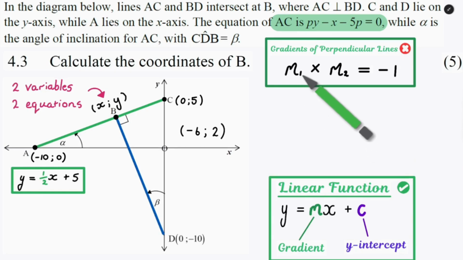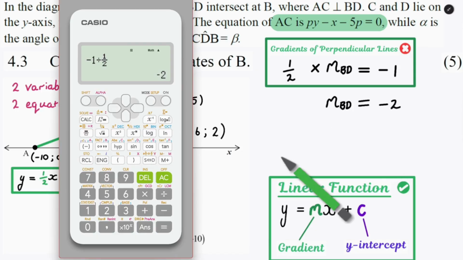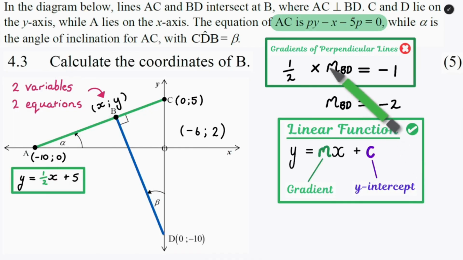So I'm going to put in the gradient of the green line here, because that's the one that's perpendicular to the blue line. The gradient of the green line is this half over here. So let's put it in. And then minus 1 divided by half will give you minus 2. And the calculator agrees with me, you see? And just another thing, you can change M2 to MBD. You can state the line that you're getting the gradient for.